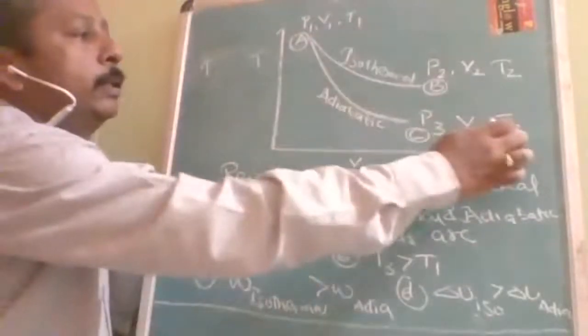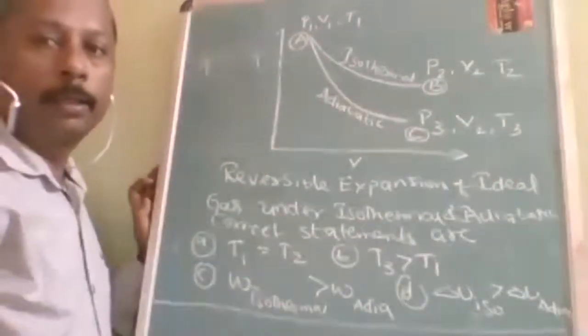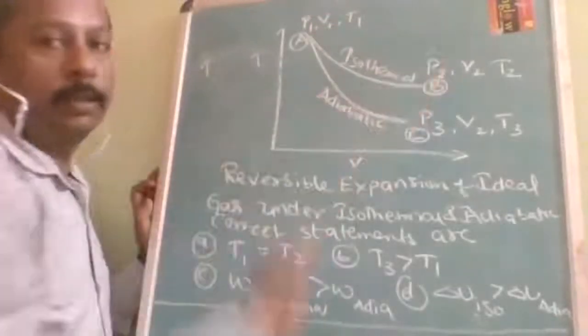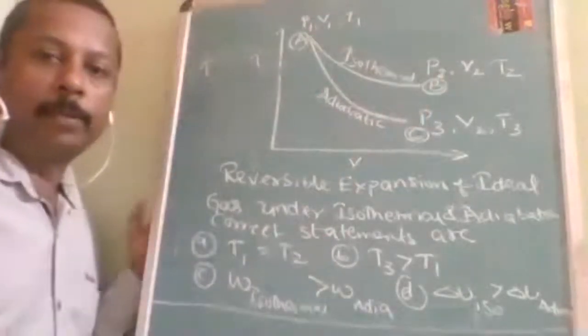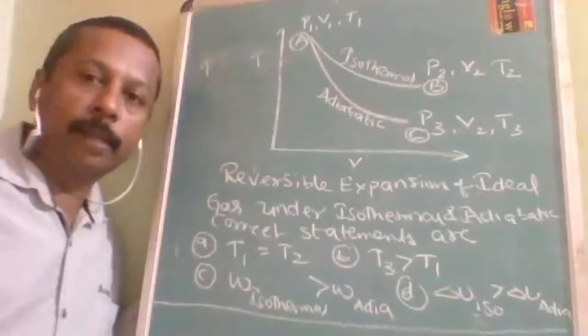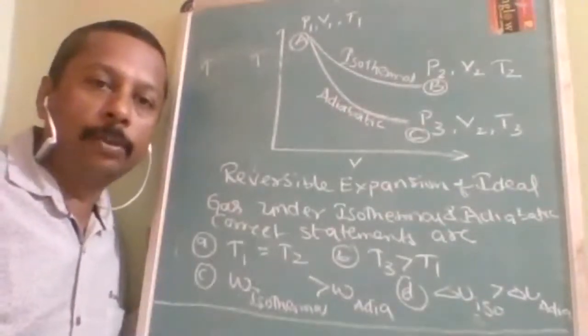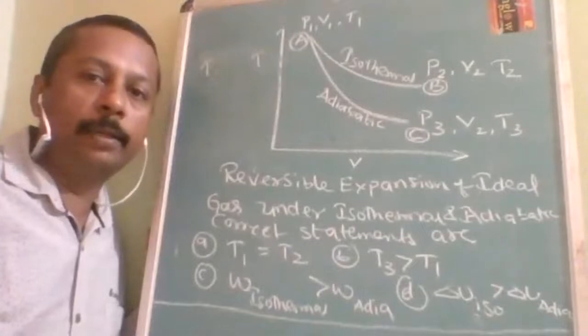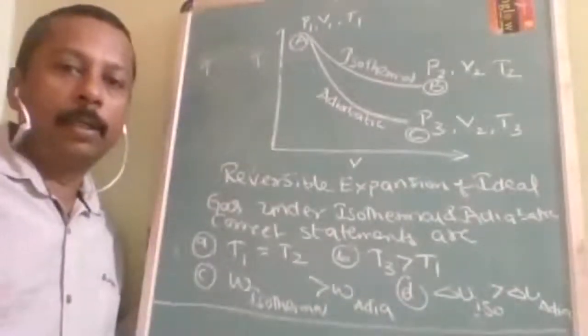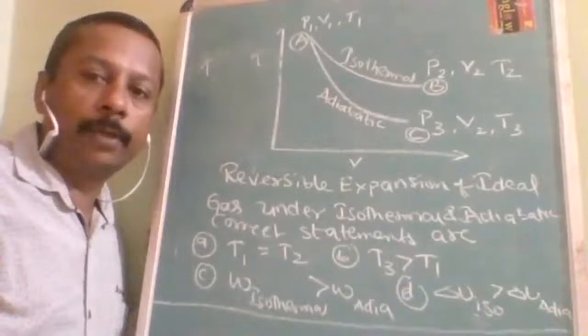If these two temperatures are different, then it is adiabatic, because the curves appear the same. The main problem with adiabatic and isothermal is that both pressure and volume change. But if it is isothermal, the temperature at both conditions will be the same. Understood? That is one thing you should identify from the graph.